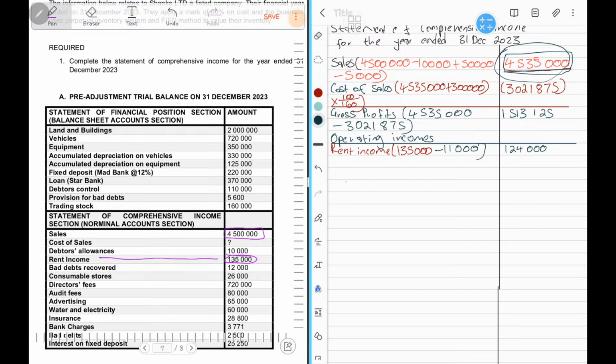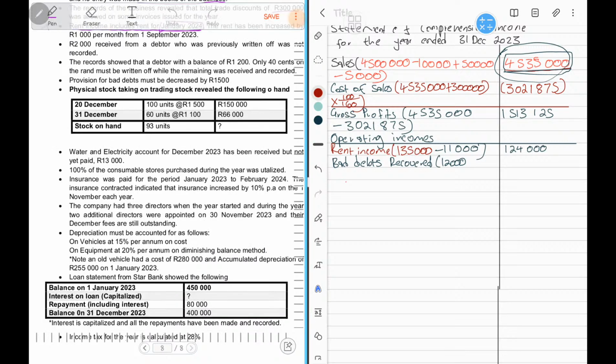Okay. Then the next income will be the bad debts recovered. Remember, line by line. So we're going to say bad debts recovered. Then we're going to open the bracket and plug the amount from the trial balance, which is 12,000. Then next up, we're going to check if there is any adjustment.